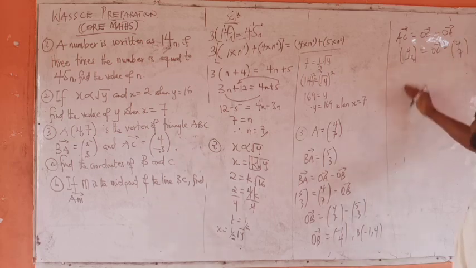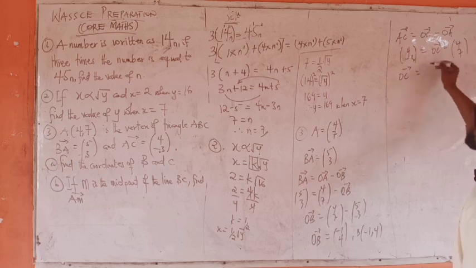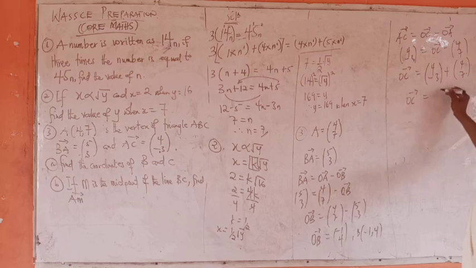So by substitution, I have OC equal to (4, -3) plus (4, 7). OC is (8, 4). So C also is (8, 4).